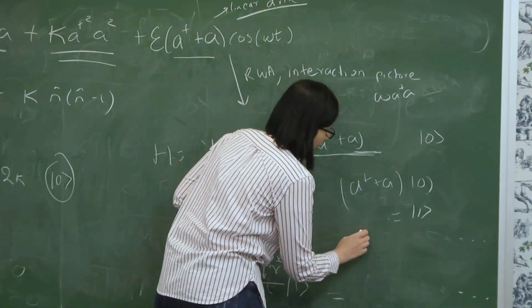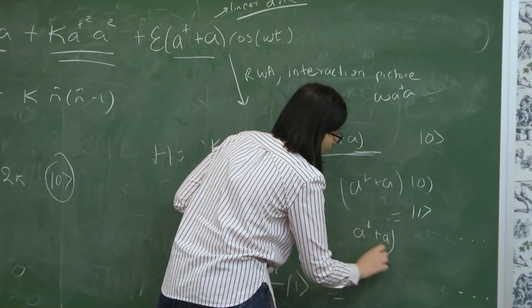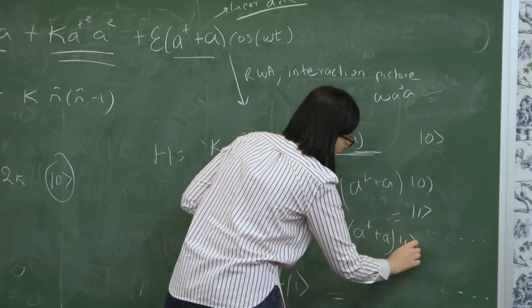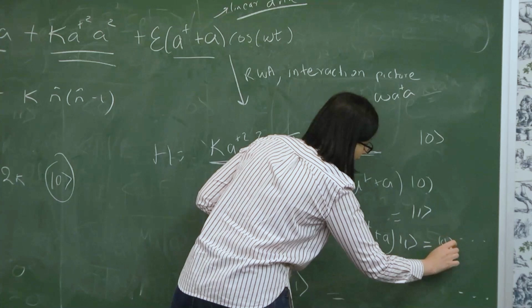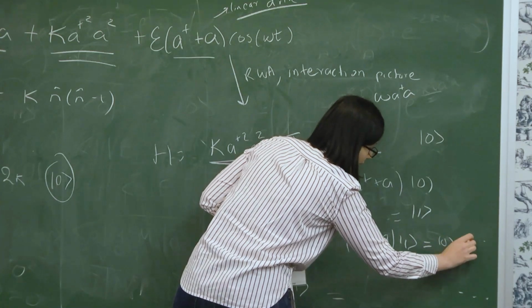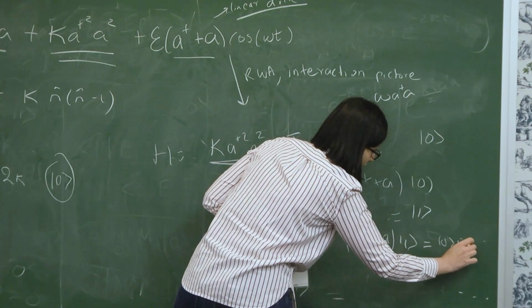Similarly, A dagger plus A acting on the 1 state will take you to the 0 state and the 2 state and so on.